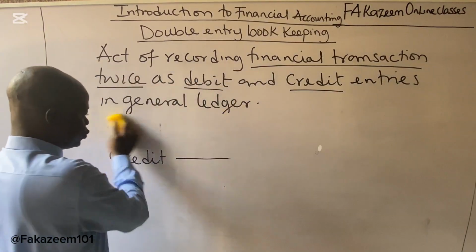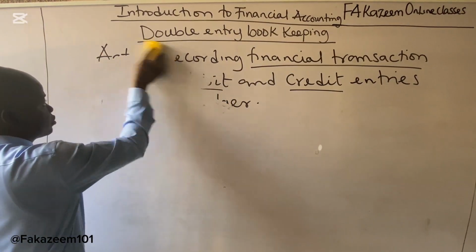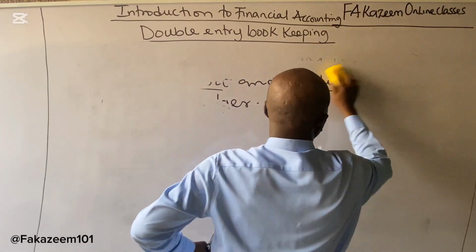We have the principle of double entry. And what are these principles?